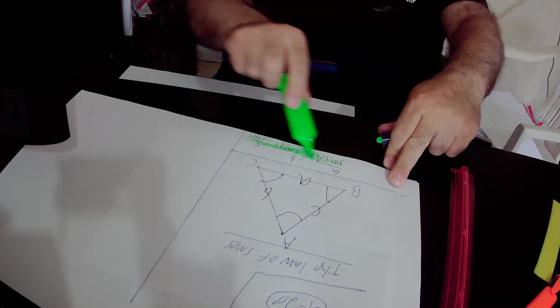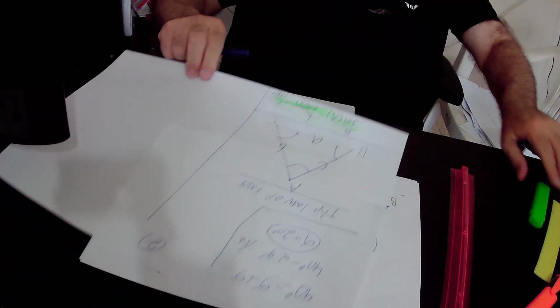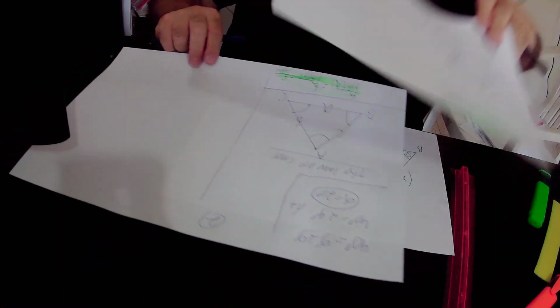Now we will implement the law of sines in triangle ADC. So this is triangle ADC.